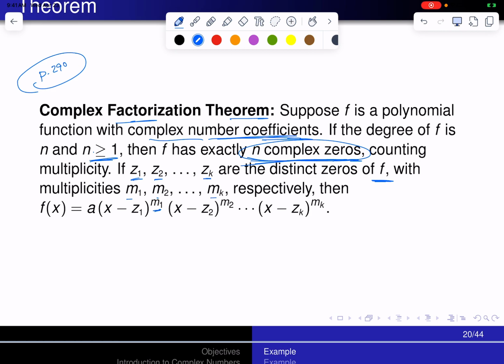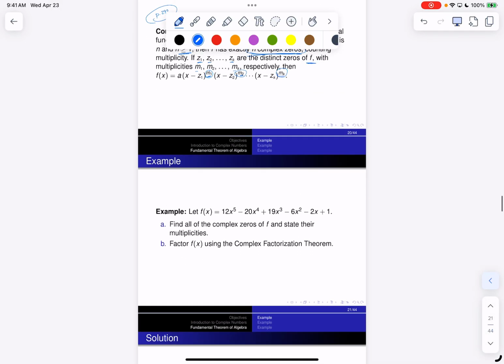The multiplicities can be whatever power you raise it to. If it's to the second power, that would be multiplicity 2. If it was to the first power, multiplicity 1. If it's to the third power, multiplicity 3. So everything has to add up to your degree, including complex numbers and multiplicities. Okay? So, are you ready?